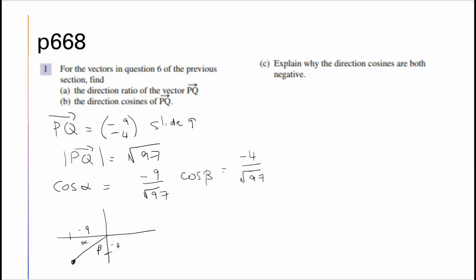Why are both the direction cosines negative? Because they're in quadrant 3, and cosine is negative. And it's just to do with the projection arms, the negative and the positive that you've got in there.